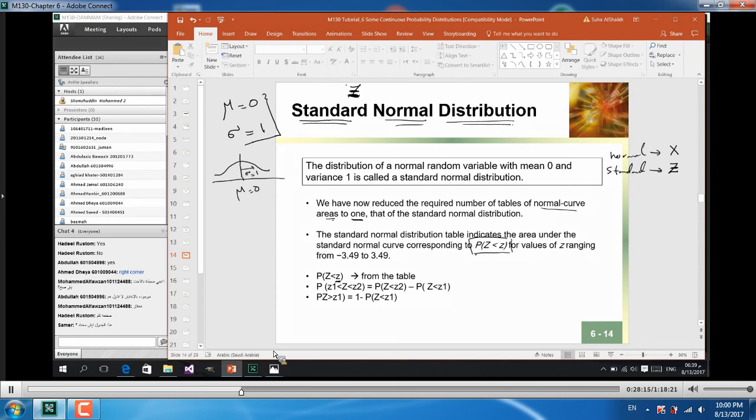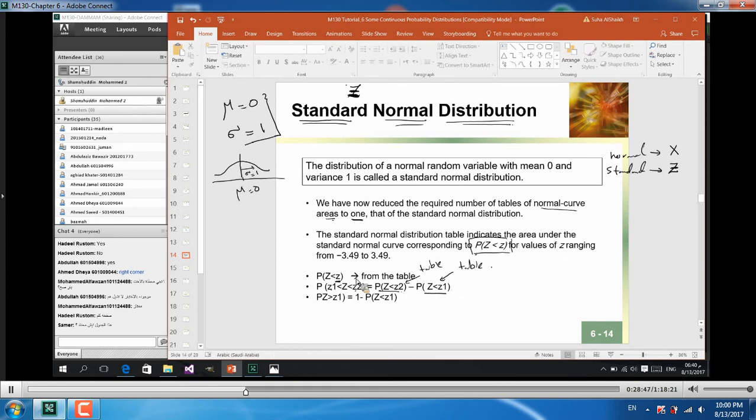If he wants me to find the probability for Z between two values, Z1 and Z2, this is the probability of Z less than Z2 minus the probability of Z less than Z1. So the greater-than is converted to less-than. Less than I can always find in the table. Less than I can find from the table now. This I can find from the table. In the exam, they will give you the part of the table that you will need.